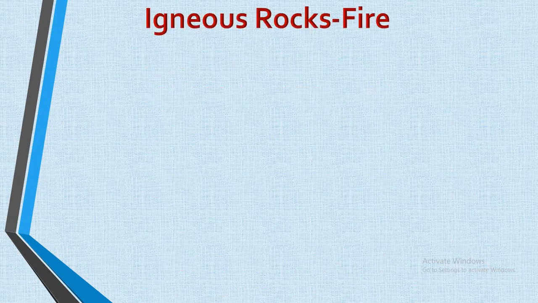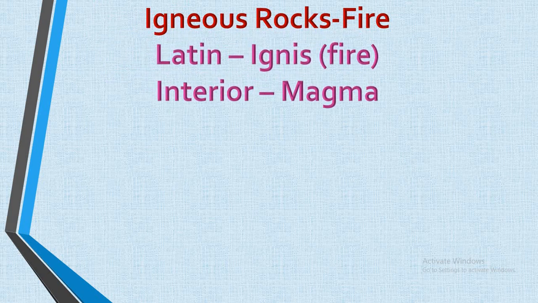We'll see the first type of rock, igneous rocks. It is formed by fire. What do we mean by that? In the Latin word ignis, that gives the word fire.